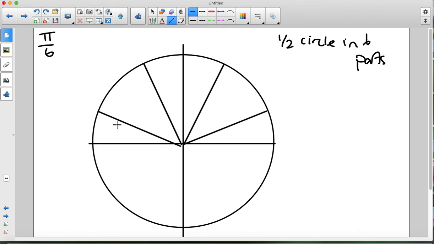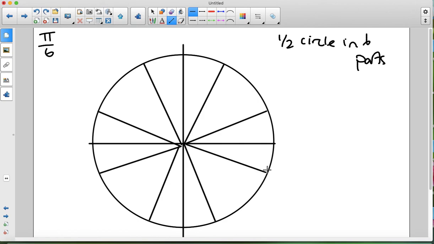And then, of course, that's 1, 2, 3, 4, 5, 6. And then you're going to have your 30 degrees here, your 60 degrees there. They might not be very even, but that's how I'm trying to explain it here.